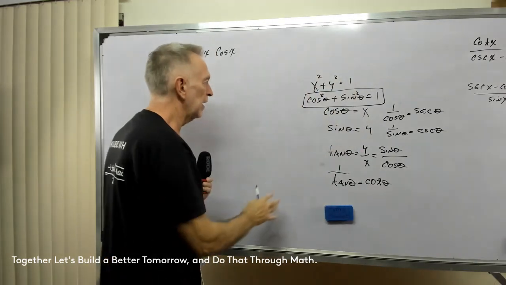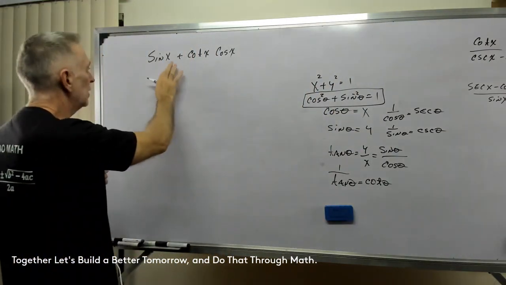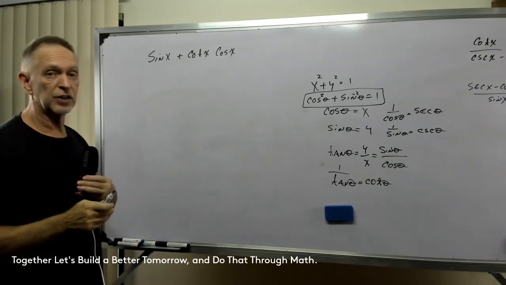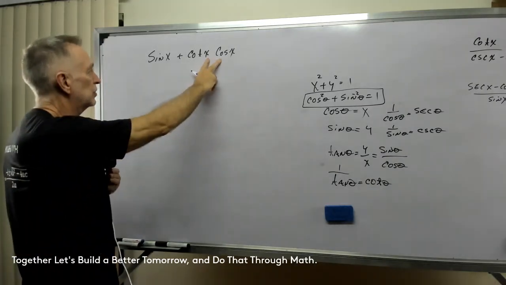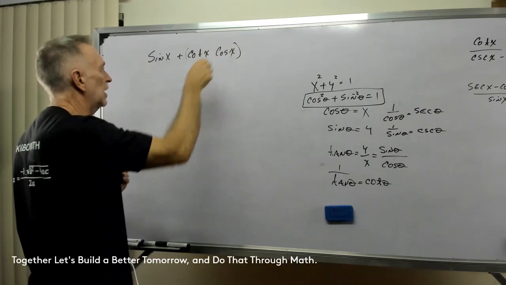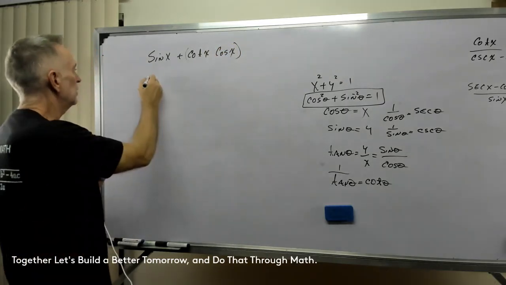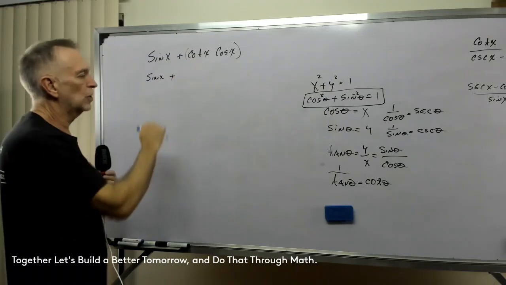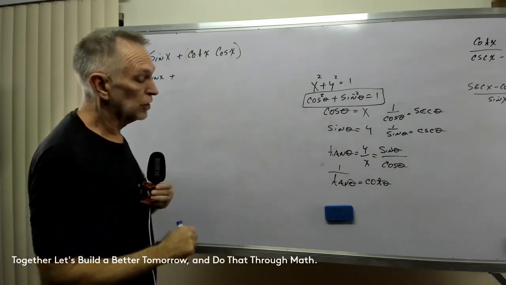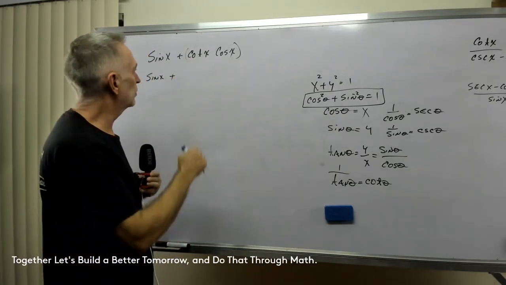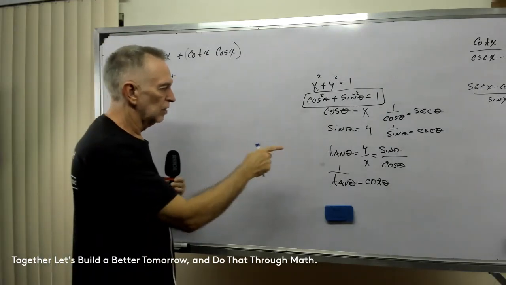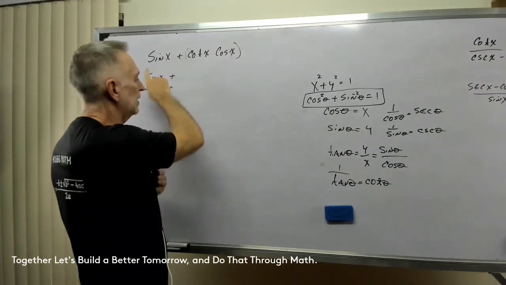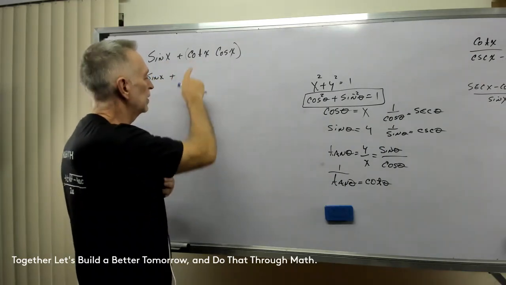With this information, what can we do with this? Now we have sine x plus cotangent x times cosine x. So this is times each other. Well, cotangent is 1 over tangent, but we could think in terms of sine and cosine. Since I have a cosine and a sine, let me convert this.